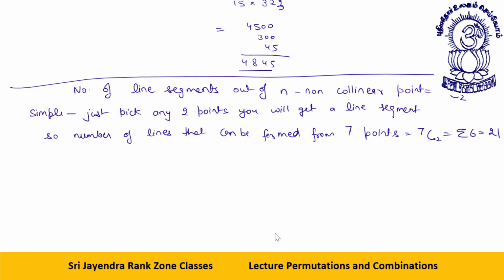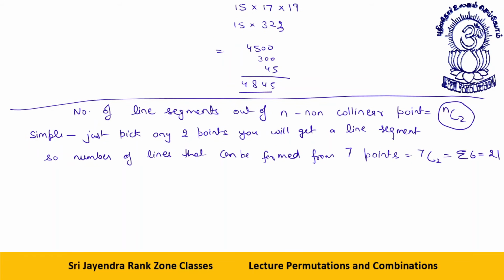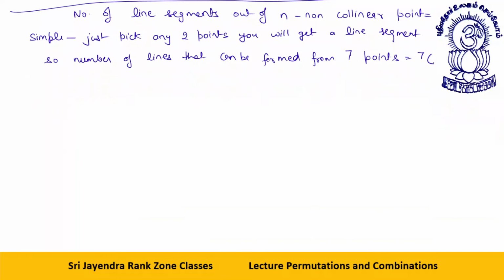This portion is nC2. If it might not have been visible, I am just marking this. This is nC2. I'm sure this is visible now. Suppose you have 12 non-collinear points.